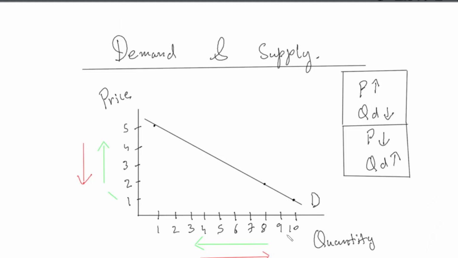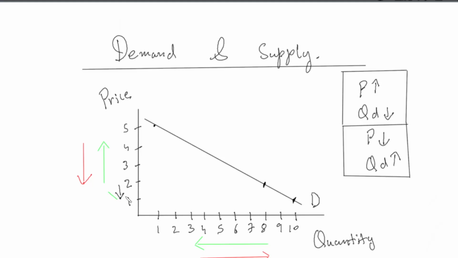Now, it's often that due to a non-price factor, the demand increases as well. So let's say the demand at $2, let me get back to the black ink, was 8 units, and it got to 10 units when the price went down from $2 to $1.